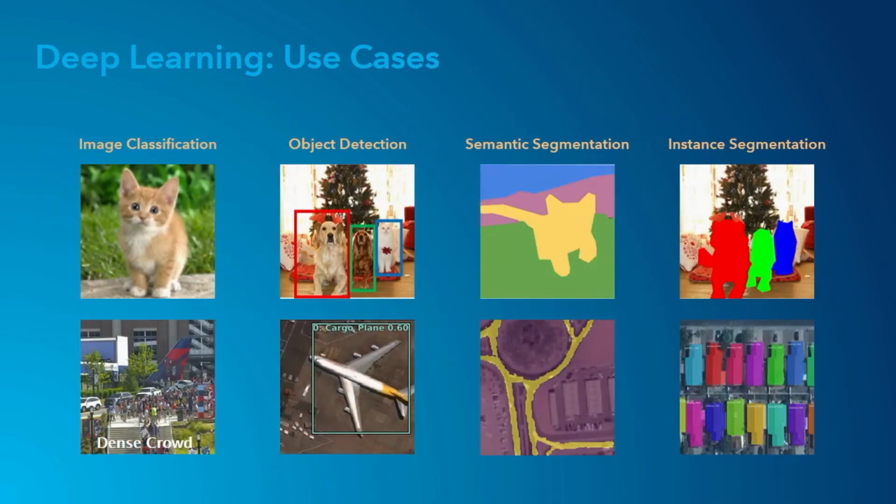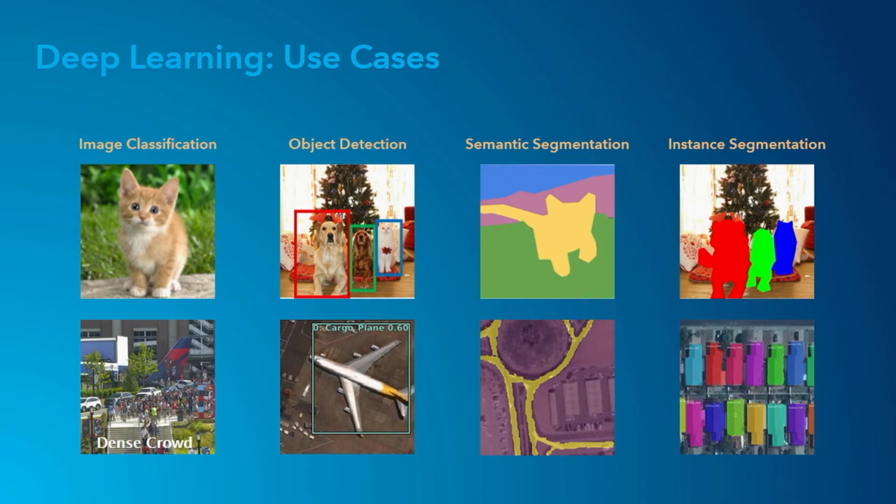There are a lot of deep learning use cases in the computer vision field. On the top is the classic application use cases in computer vision. Each column represents one kind of task, for example, image classification, object detection, segmentation, semantic segmentation, and instance segmentation.